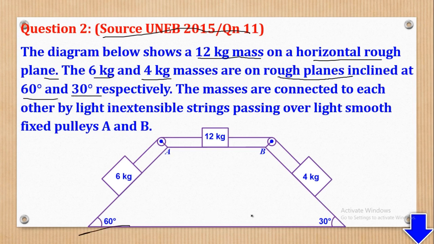So this is 60, this is 30, this is 6 kilogram, 4 kilogram there. The masses are connected to each other by light inextensible strings passing over smooth pulleys A and B. So this is pulley A and this is pulley B.